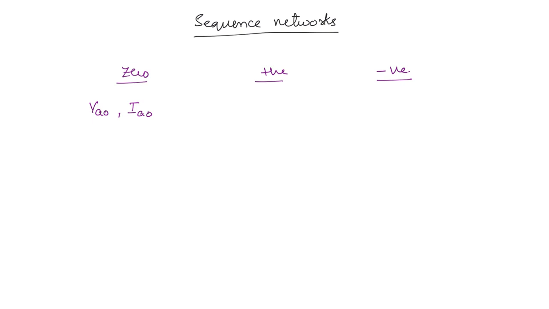When you relate the zero sequence voltage and current, that is called a zero sequence network. If you are relating the voltage VA1 and IA1 of the positive sequence, you will get the positive sequence network. Similarly, if you have a network relating VA2 and IA2, then it is a negative sequence network.